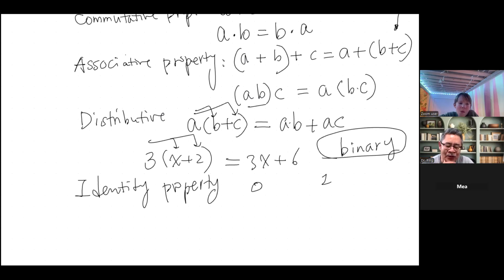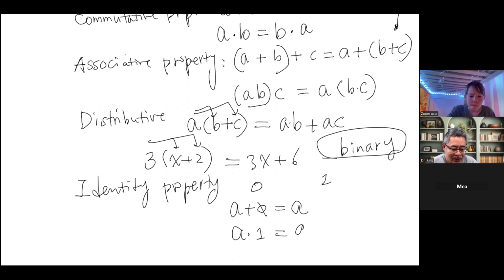But 0 and 1 are good enough to represent many numbers. Now, 0 and 1 have a specialty. The specialty is that any number plus 0 does not change its value. That's why we call it identity, that's identical. And a number times 1 gives us A.